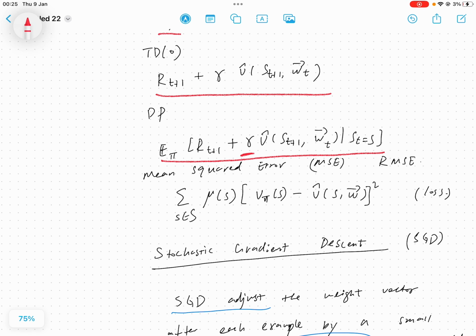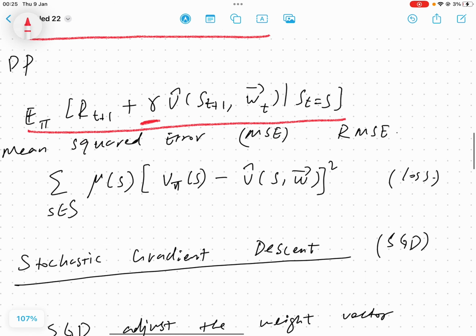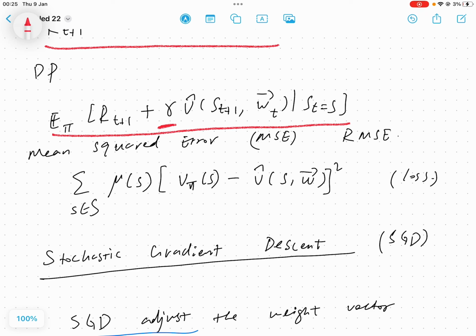The measure that we normally use for evaluating how good this approximation is, whether it is close to the ground truth or the target that we're going to approximate, or still far away from that, is the mean squared error, called MSE, as mentioned here. Sometimes we can use the square root of that MSE, called RMSE. Either could work here.